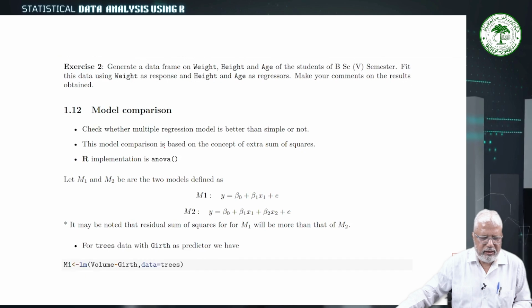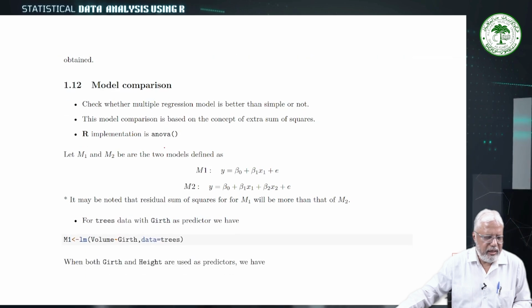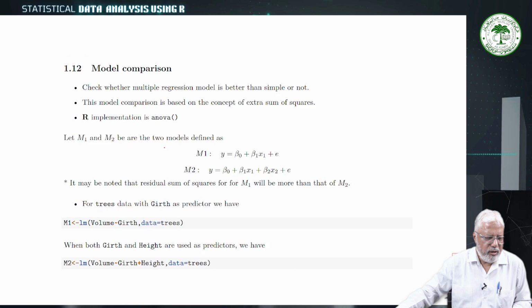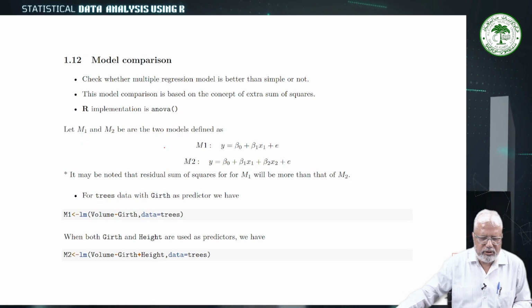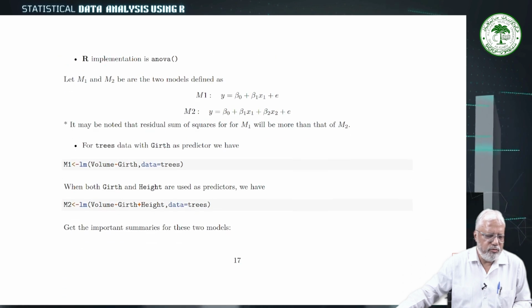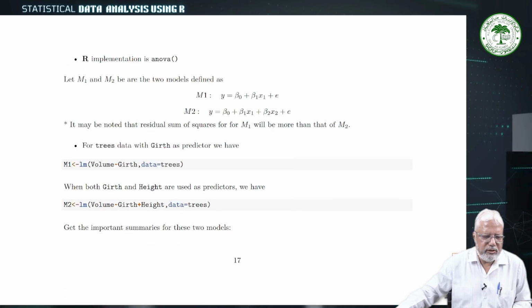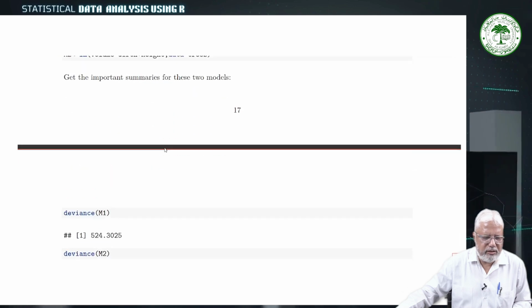For the trees data with girth as predictor, M1 is equal to this. When girth and height both are used as predictors, M2 is equal to lm(volume ~ girth + height, data = trees). And we are getting the results.